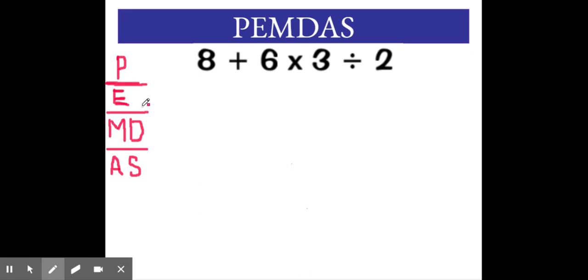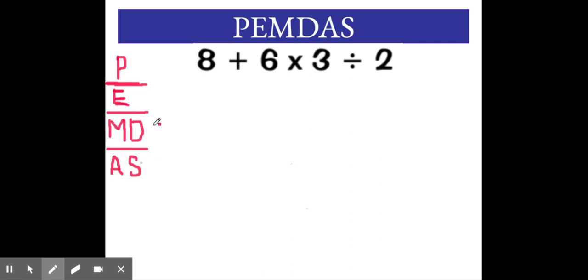You can't move on to the next level. For example, until you solve everything that's inside of parentheses, you cannot move to the next level of exponents. And until you solve everything on that level, you cannot move to the next level of multiplication and division.